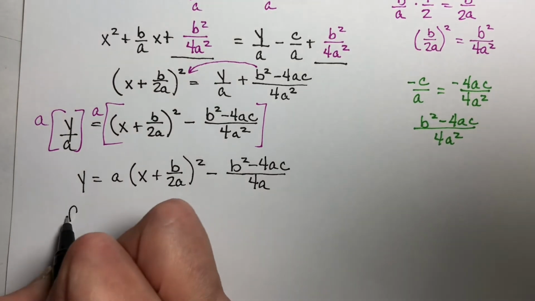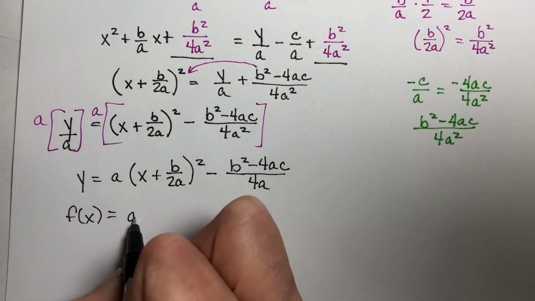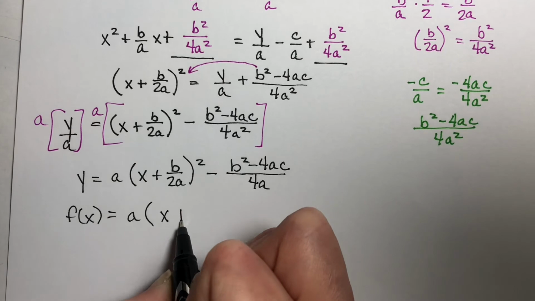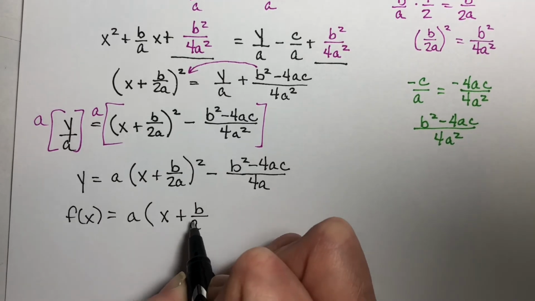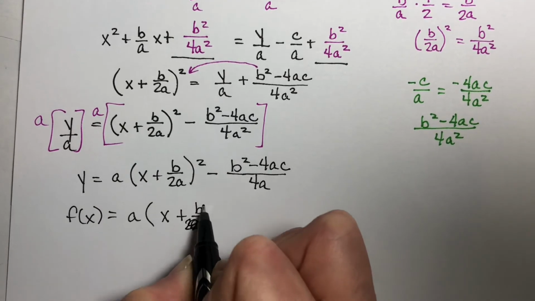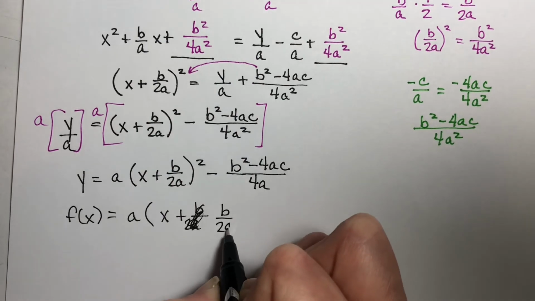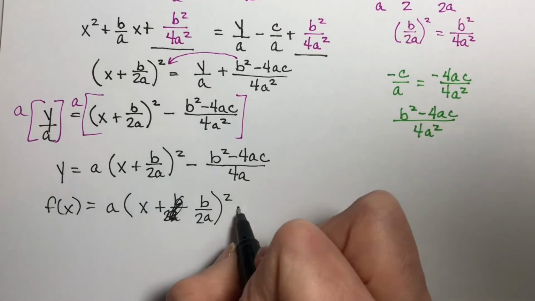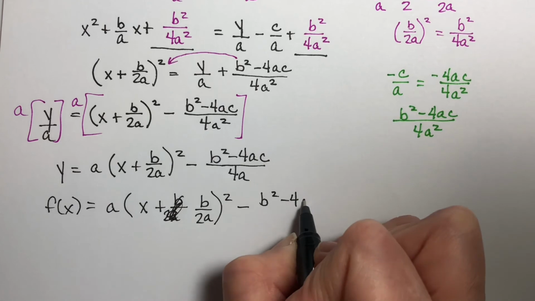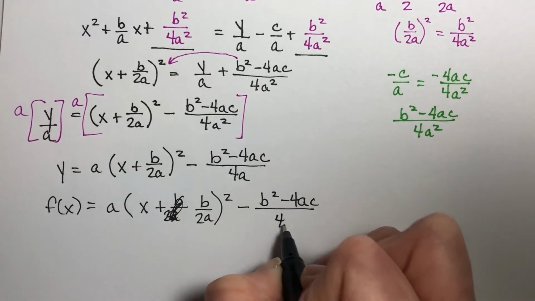So this is f(x) = a(x + b/2a)² − (b² − 4ac)/4a.